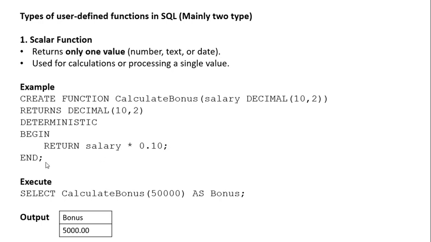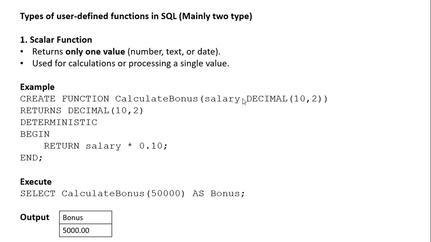After the semicolon, execute the statement using SELECT calculate_bonus(50000) AS bonus. Here AS means alias name, so the output has bonus as the field name and the value is 5,000.